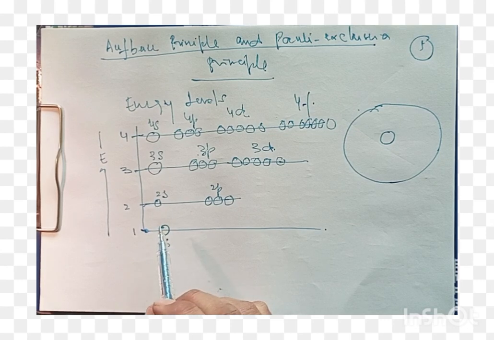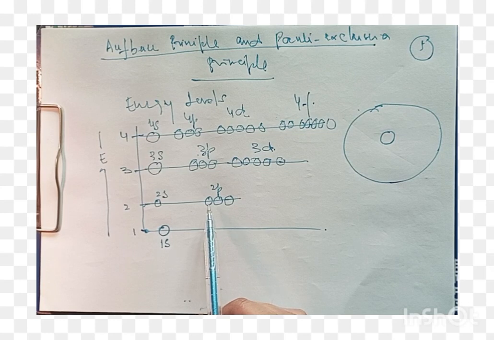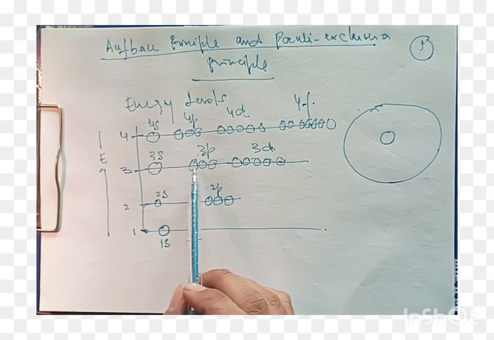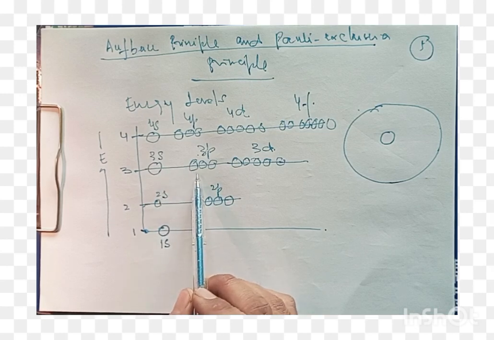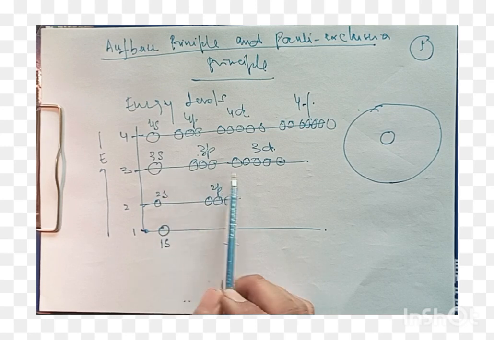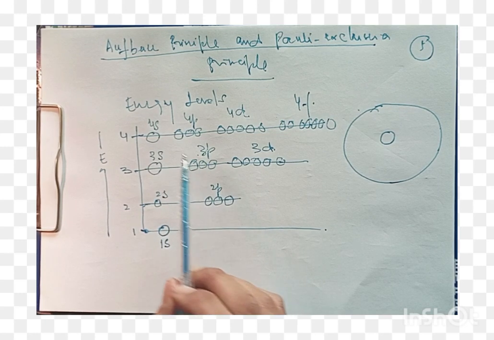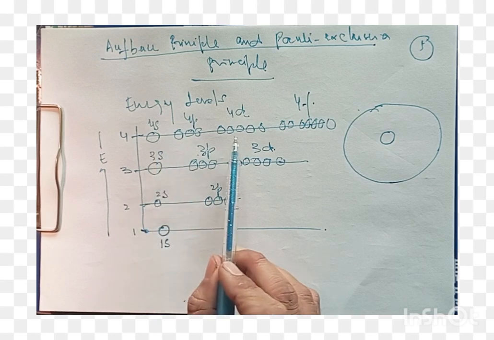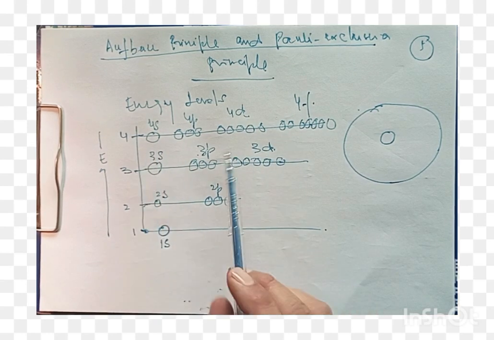What this means is that the 2s and 2p orbitals have equal energies because they have the same n. The 3s, 3p and 3d orbitals have the same energies, and 4s, 4p, 4d, and 4f orbitals have the same energies.